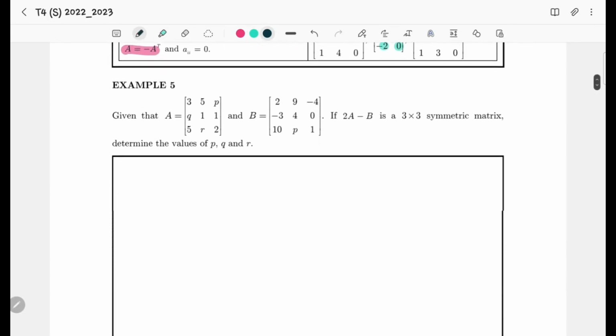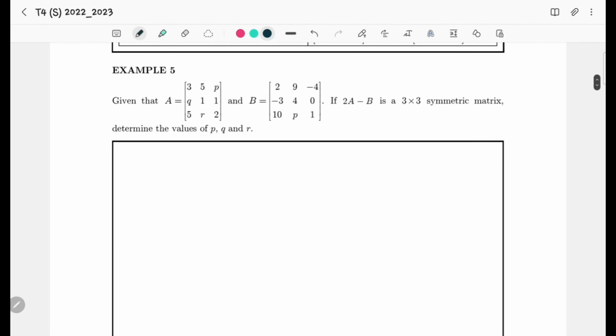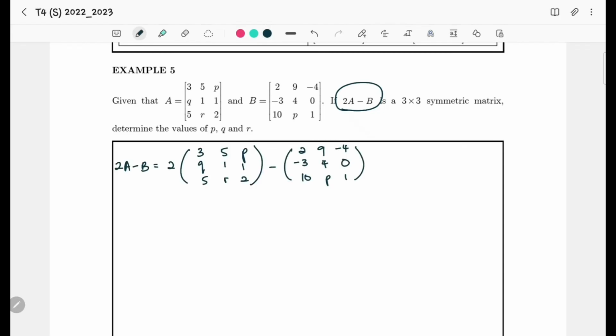Example 5, given that A and B, if 2A minus B is a 3 by 3 symmetric matrix, determine the value of P, Q and R. So let's start with simplifying 2A minus B. I've already written it down.